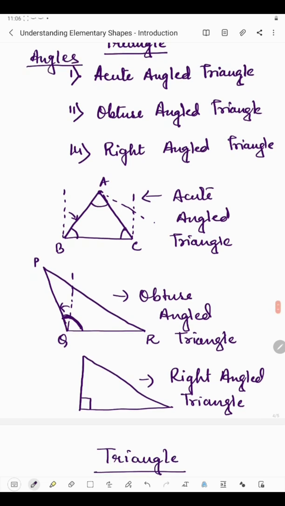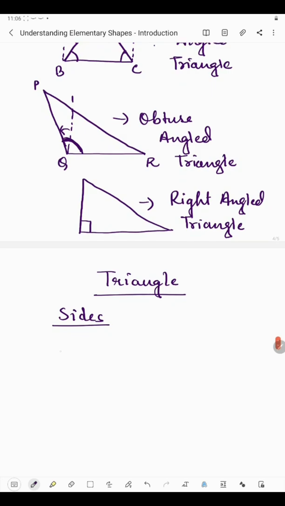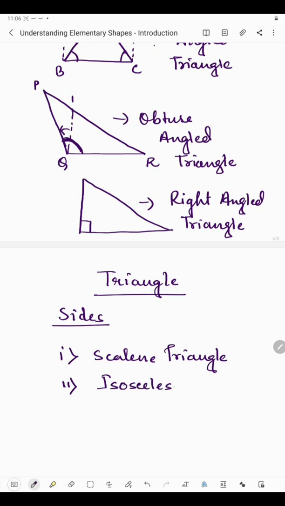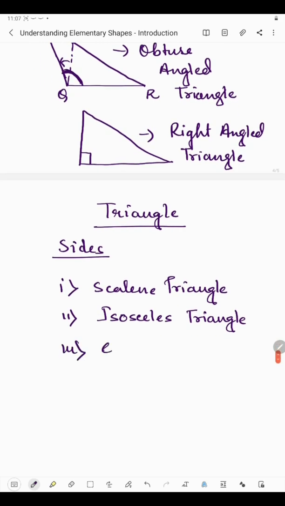Now we will classify the triangles on the basis of sides. So at first we have the scalene triangle. Then we have the isosceles triangle, and the equilateral triangle.